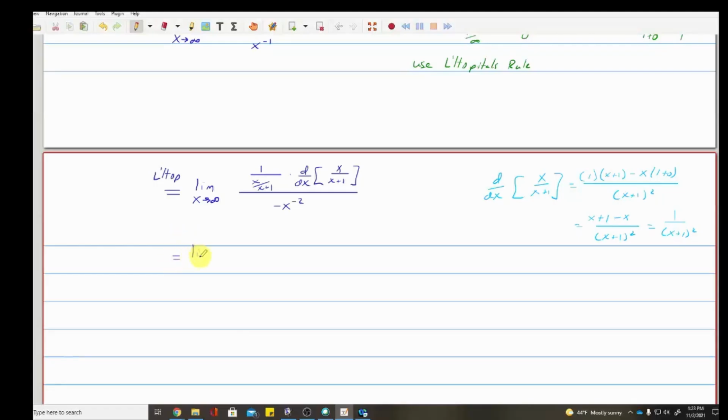Okay, so let's plug that in. So I have 1 divided by x over x plus 1, times 1 over x plus 1 squared, in the numerator, and a negative x to the negative 2 in the denominator.